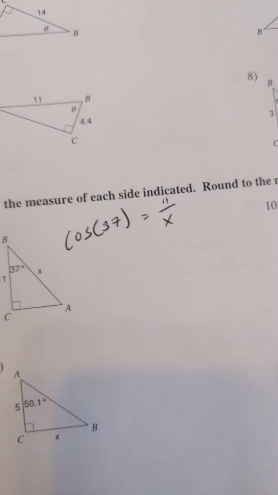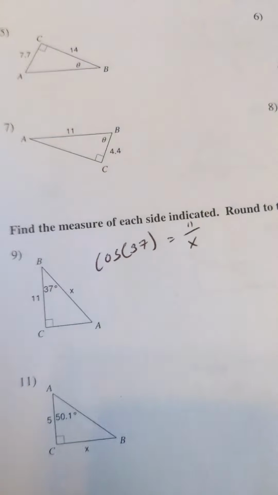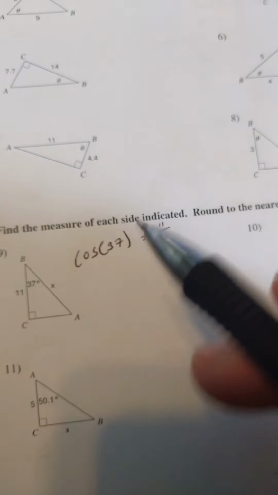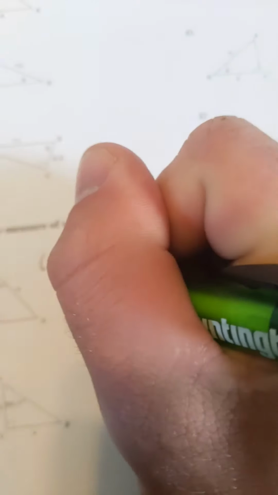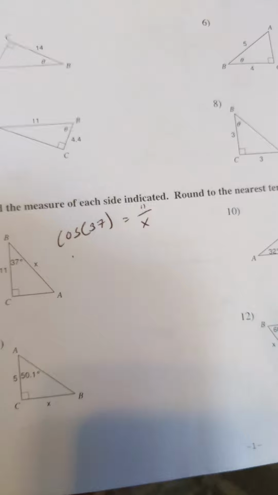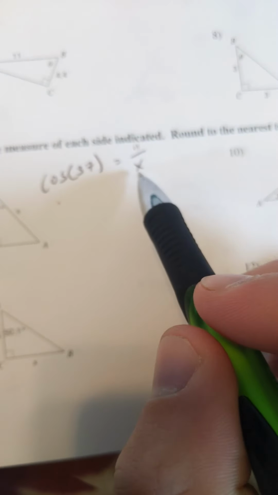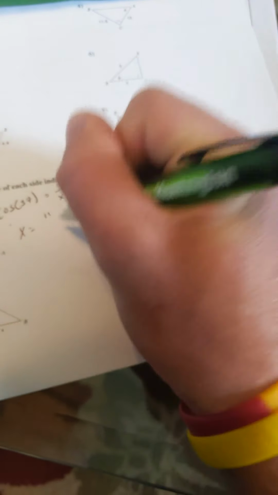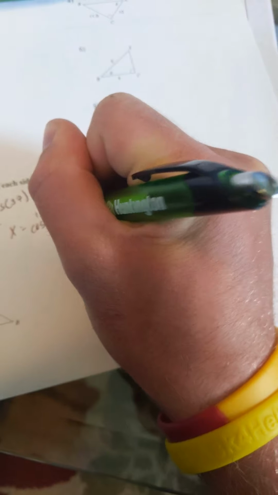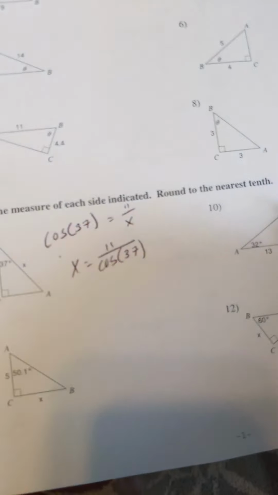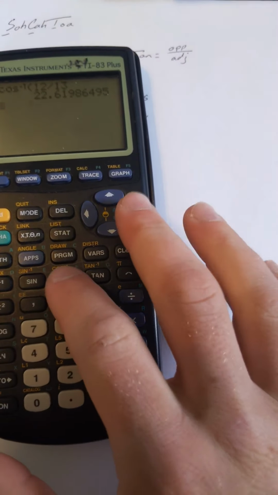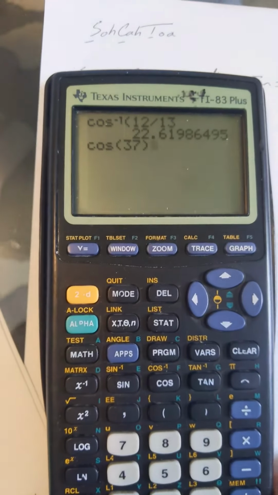Now, we got a math problem. We got a little bit of algebra. We have a proportion, right? This is why we practice this. So I need to move that x up by multiplication. And one trick you'll learn when you do these problems is if you ever have this down here on the bottom, these two will automatically switch places. So x equals 11 divided by cosine of 37.